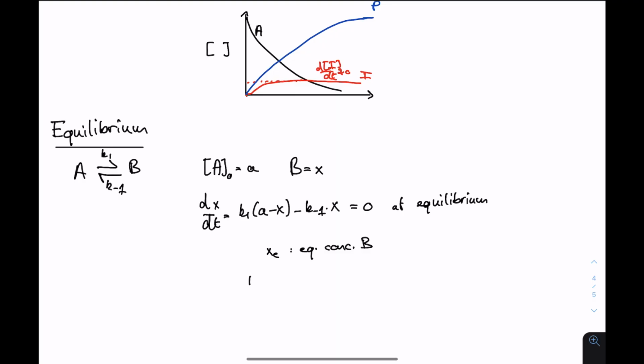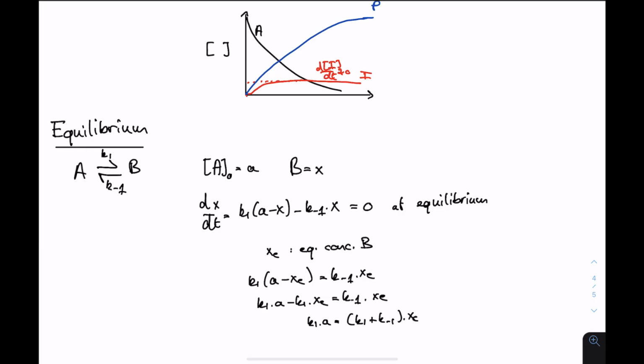We will have K1 times (a minus xe) equals K minus 1 times xe. So let's work this out. K1 times a is (K1 plus K minus 1) times xe.